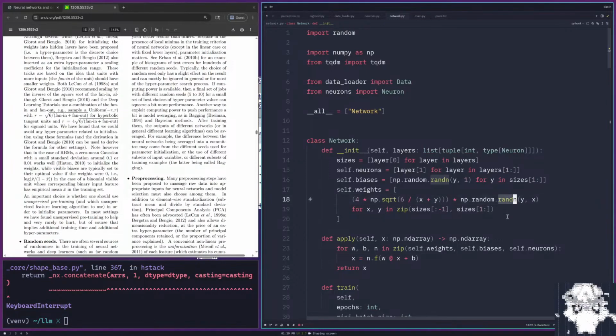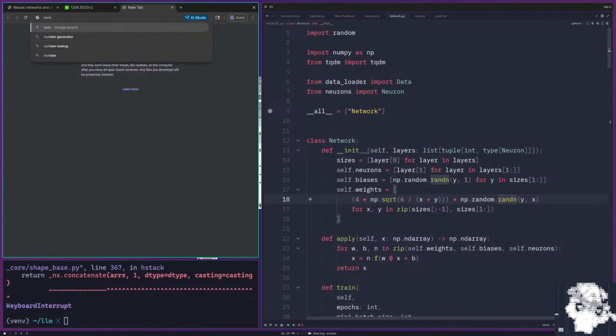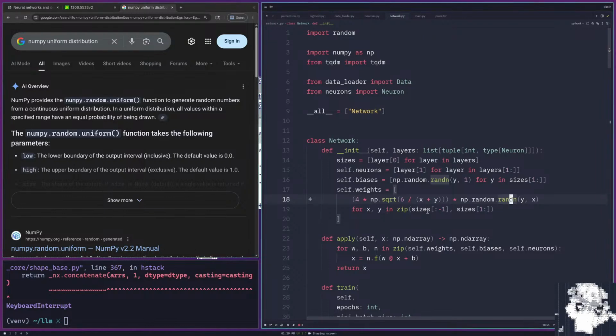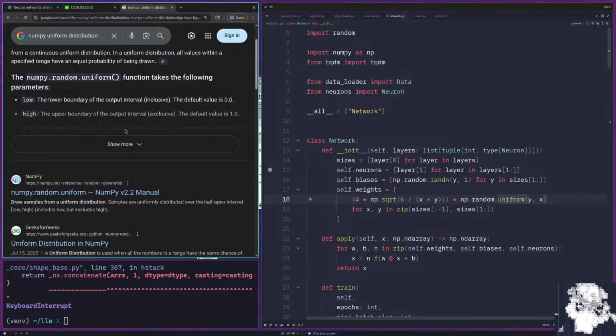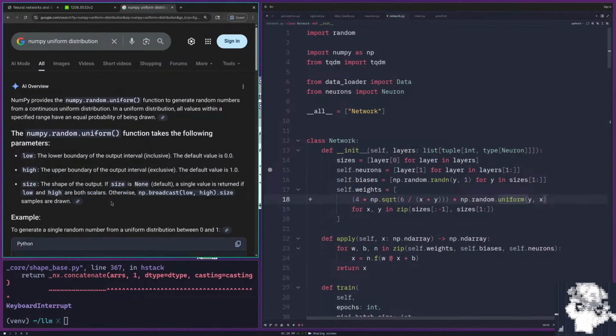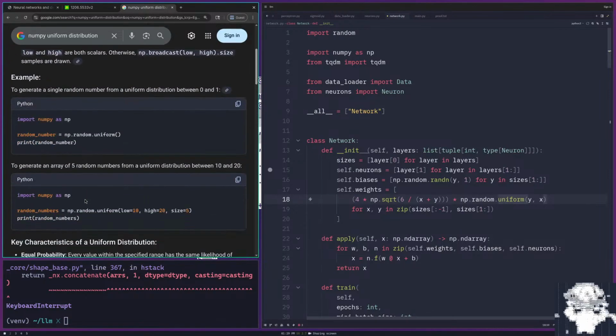So this shouldn't be randn, it should be random numbers between 0 and 1. NumPy uniform distribution. random.uniform takes the low and the high. But I can just multiply it by... yeah, I should be able to just do this.